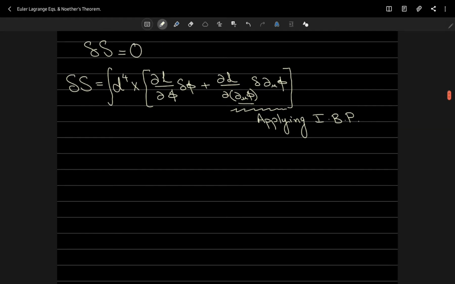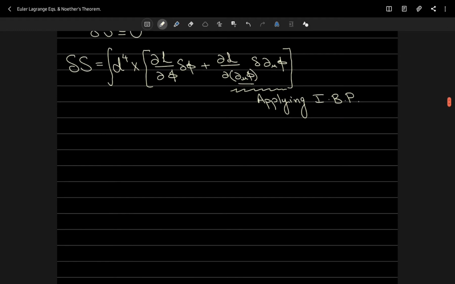We will take the derivative of this term, that is partial over partial x mu of partial L over partial (partial mu phi) times delta phi.